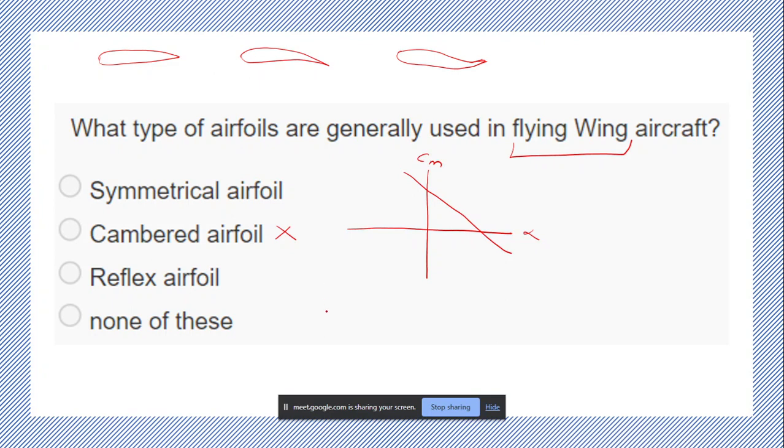When we study static stability, we say that Cm alpha should be less than 0. This is the necessary condition for static stability. Another condition we see is that Cm naught should be greater than 0. This is not a condition for static stability, it's a condition for something else. Why do we prefer Cm naught to be greater than 0?